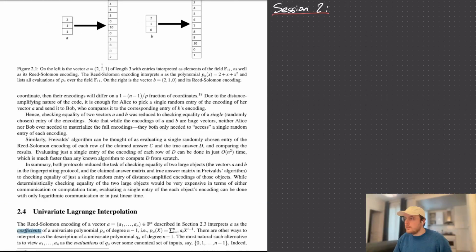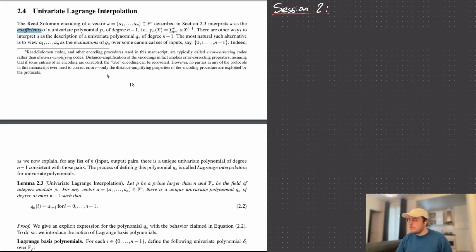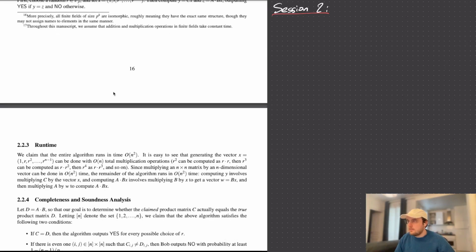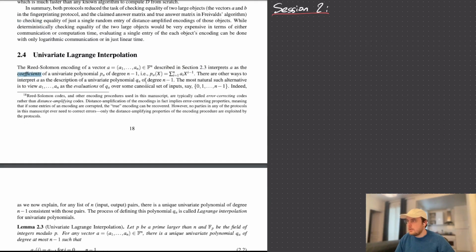So what the encoding does, just as a reminder, is create a polynomial P of A such that every number in the vector is a coefficient in the polynomial P of X, which is equal to the sum of every coefficient times x to the power i minus 1.